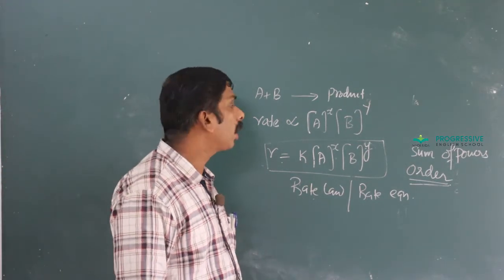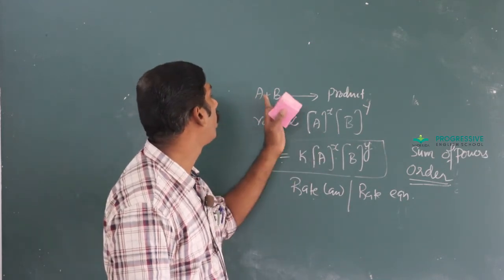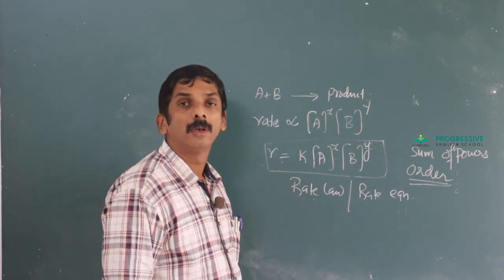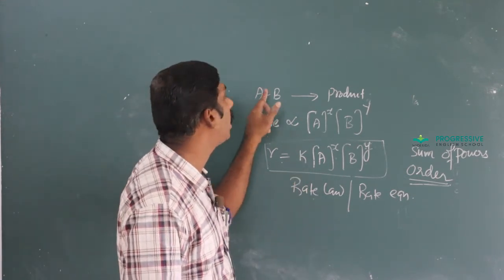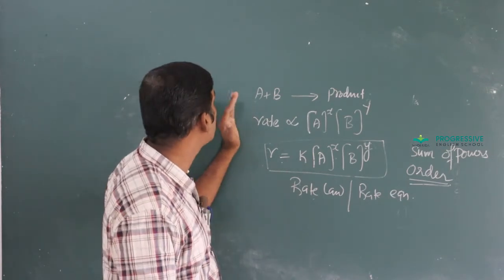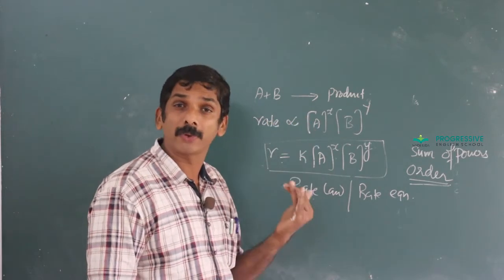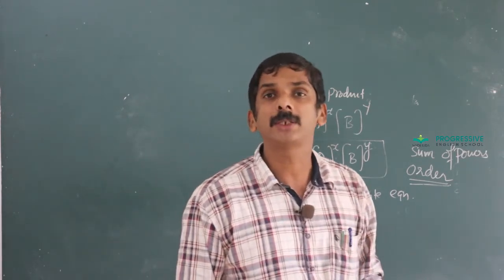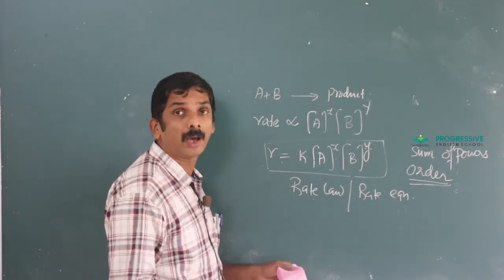The actual number of atoms or molecules present in a reaction. Here the coefficient of A is 1 and B is also equal to 1. The actual number of moles of A or actual number of reactants taking part in a chemical reaction is called its molecularity.